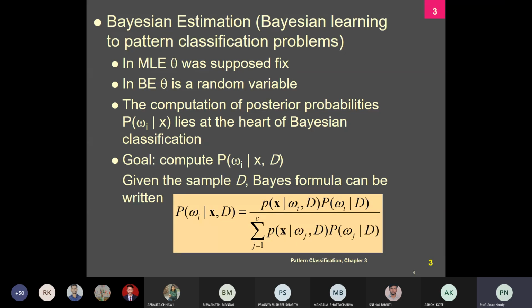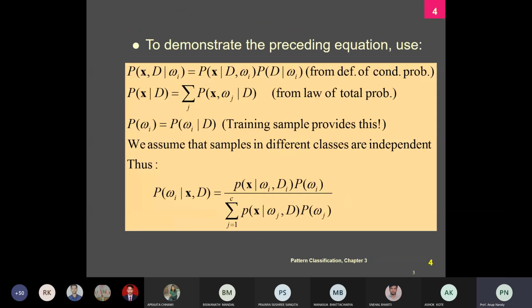This is the thing you need to compute. Now, how are you going to do it? The prior probabilities can be obtained in this way, P(wi|D), so these things are given.